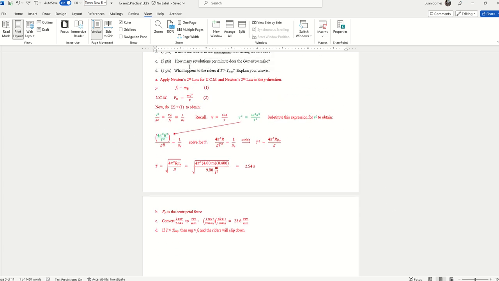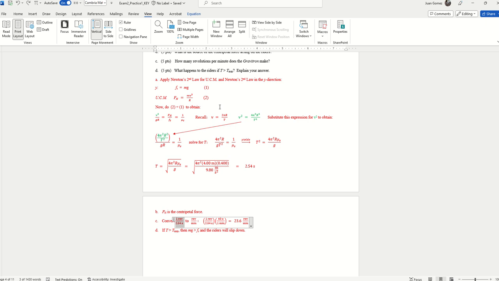Okay, part C. I just want to take the period and convert it to revs per minute. Remember, if t is 2.54 seconds, that means it's making one revolution in 2.54 seconds.